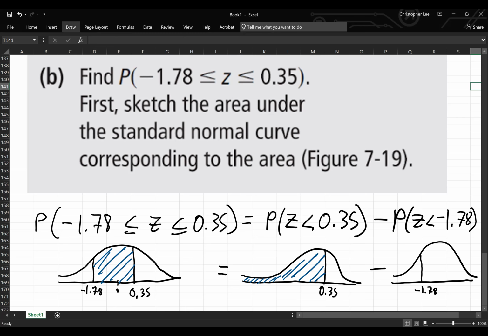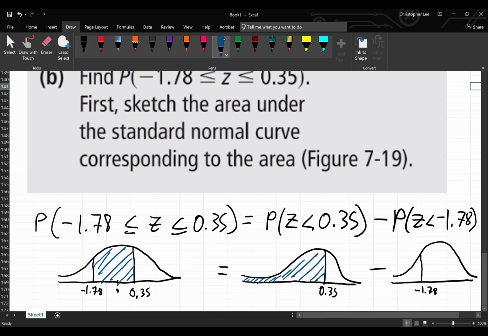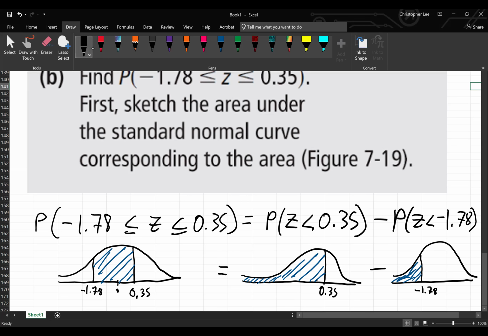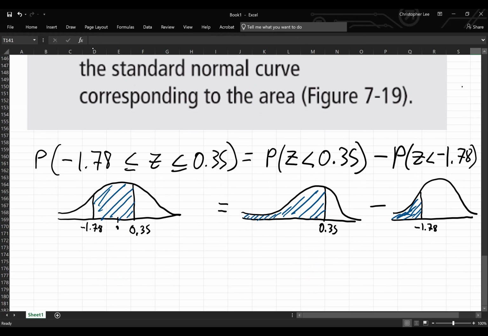Then I want this area right here. After that, just look it up in the table, subtract them, and that's it.